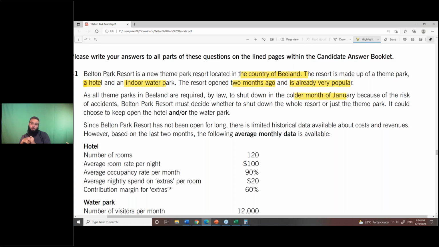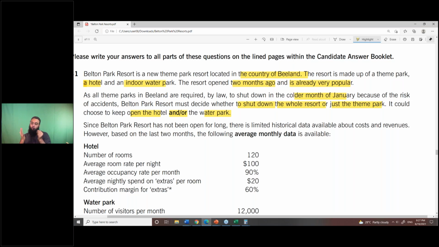Because of the risk of accidents, Belton Park Resort must decide whether to shut down the whole resort or just the theme park. So they have to take a decision whether they should close the entire resort or open the theme park. It could choose to keep open the hotel and/or the water park, so they can even operate one or both.